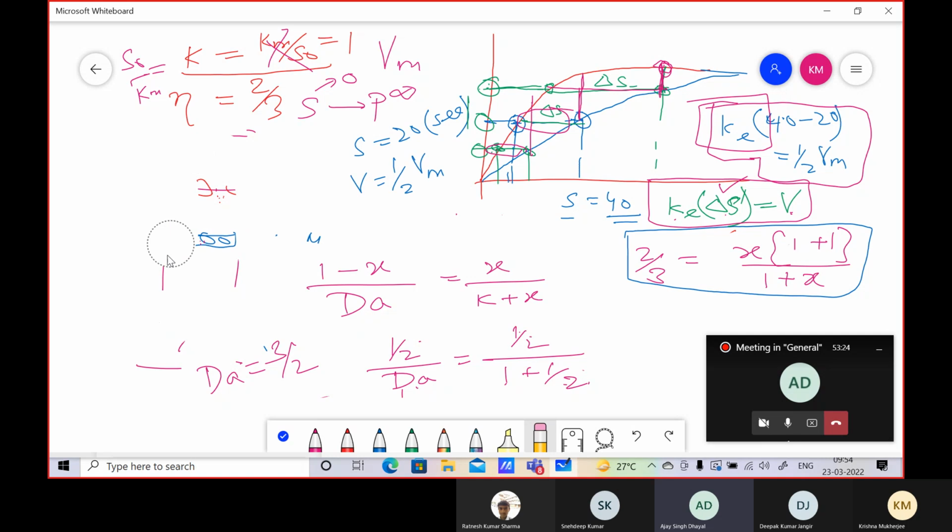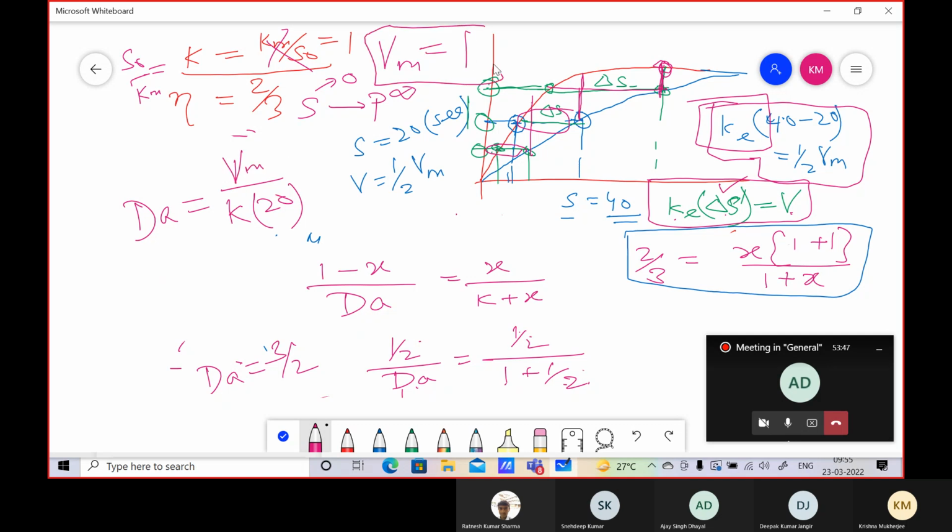V actual upon... So dA is equal to 1 upon K into, when the velocity is 20. Okay, suppose Vmax is 1, whatever, some Vmax, then Vmax K by 20 or whatever is equal to 3 by 2.